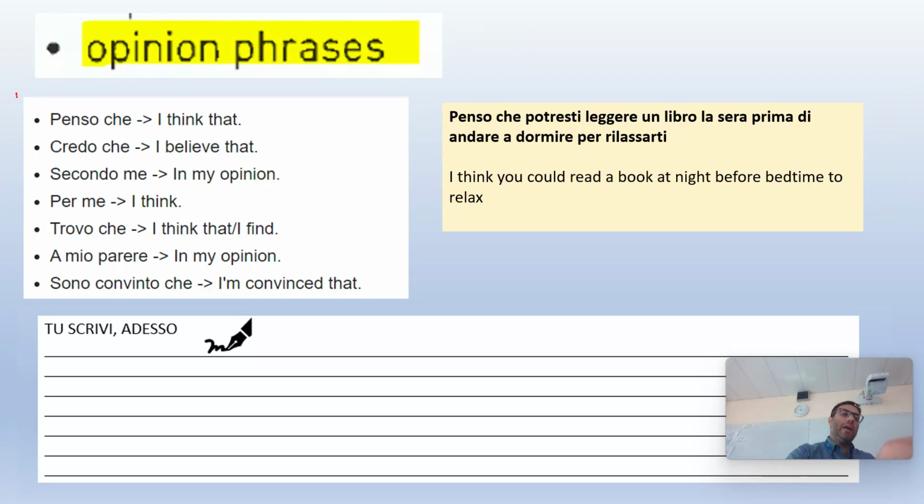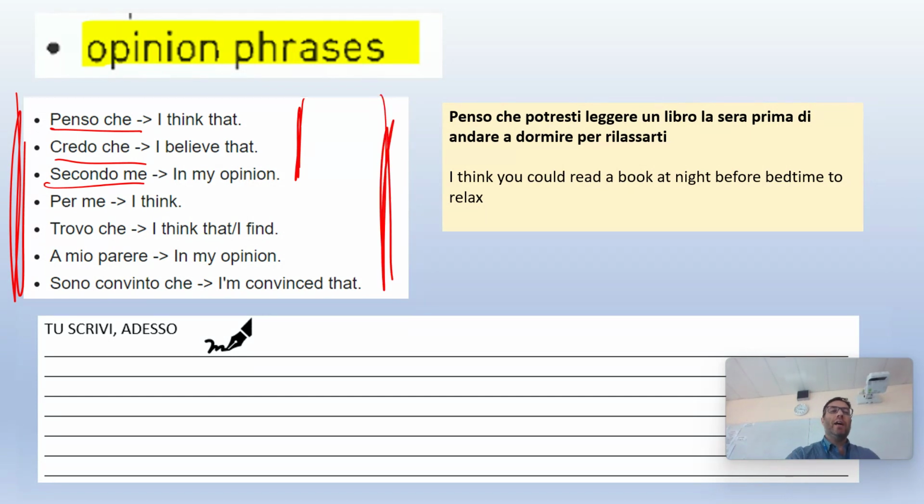Opinion phrases. Now, you know that being part of a team sport is a good thing. Therefore, you have to give your opinion by using these expressions that you have here in the video. Some of them take the subjunctive, penso che sia, but you can also use the conditional tense, like in this example. Penso che potresti leggere un libro prima di andare a dormire la sera per rilassarti.